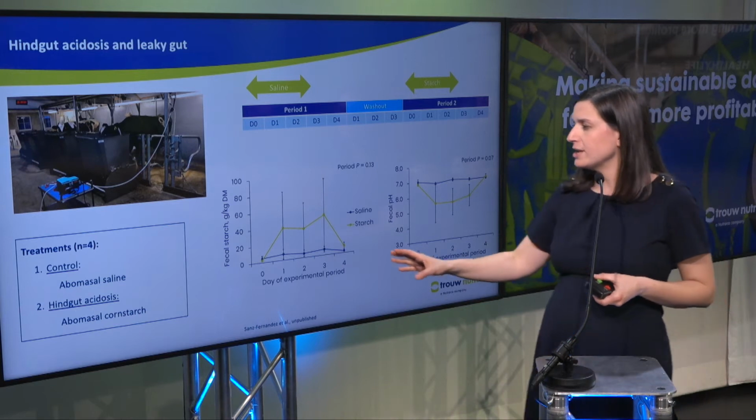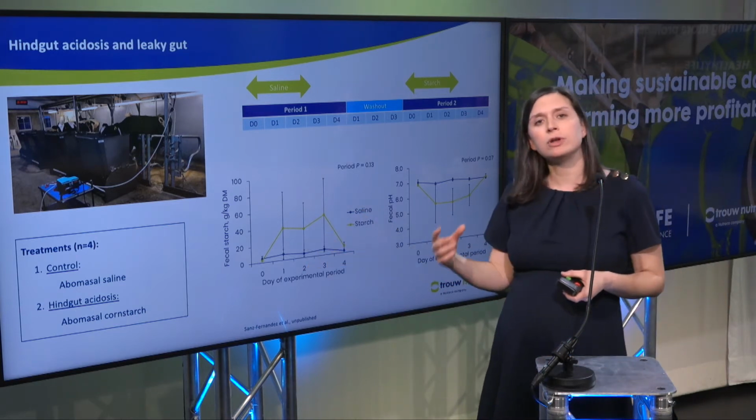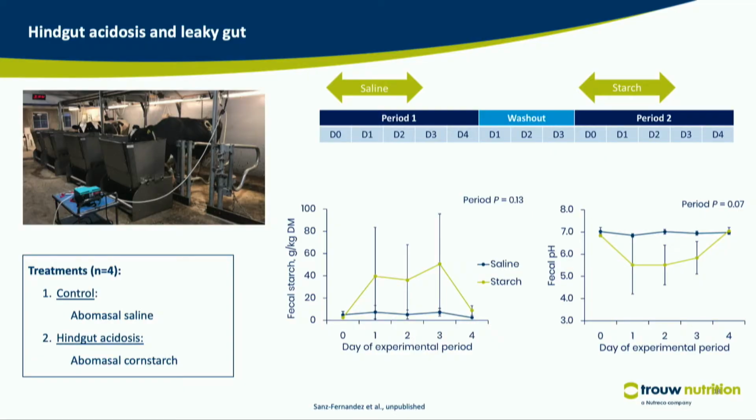The first one is the amount of starch we found in feces, and the green line represents the starch period. So as you can see, there is quite a bit of variation because it was only 4 cows, but we very consistently increased the amount of starch in feces by infusing the cornstarch. Associated with this, we see the decrease in fecal pH that we expected due to increased fermentation.